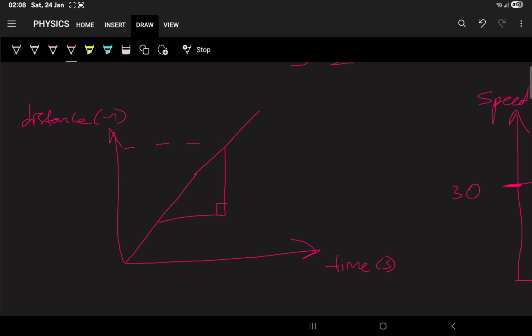Assuming this to be D2 and this D1, here T1 and here T2. The slope, which I write as M, will be equal to D2 minus D1 divided by T2 minus T1.